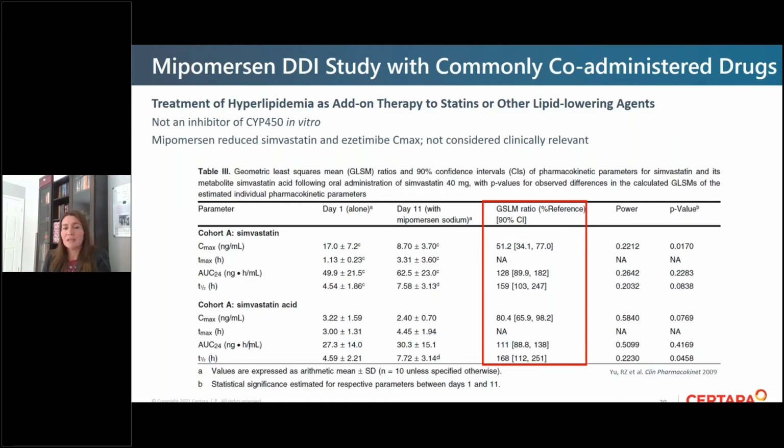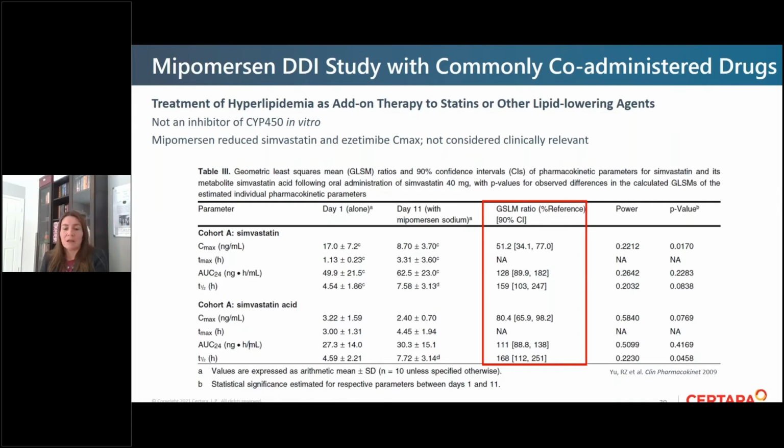However, mipomersen did reduce the Cmax observed for simvastatin and ezetimibe by about 50%, but that was not considered clinically relevant. Statins are drugs that have a high variability in the PK, and even if you look at the PK of patients, it can have really a wide range of concentrations observed.